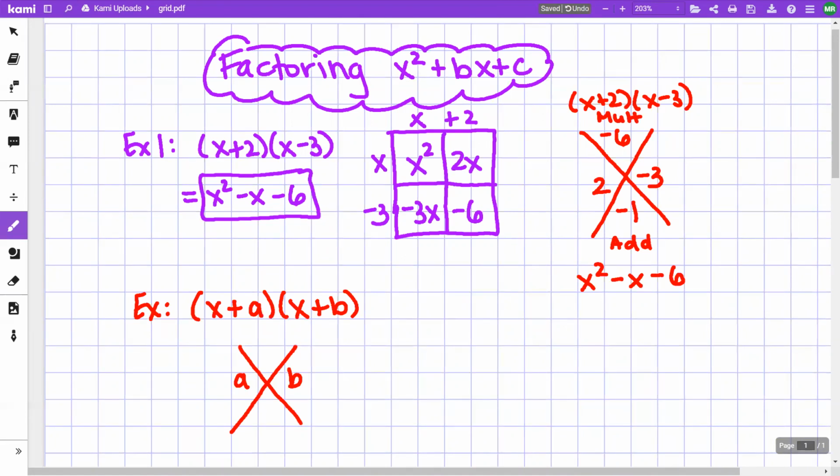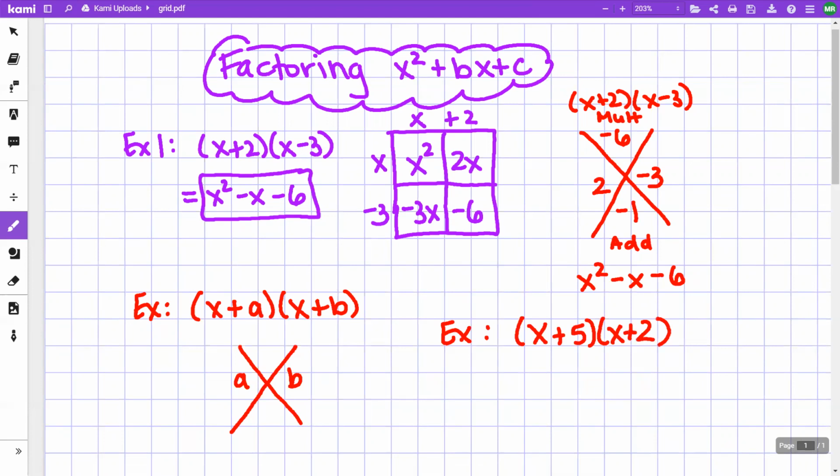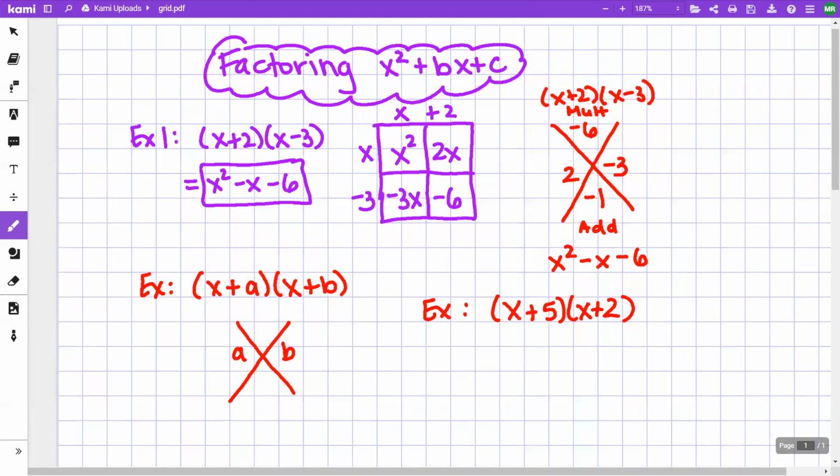Let's say I was going to do the following example. Let's say we take x plus 5 and x plus 2 and multiply that out. I could do a box, but I could put the 5 and the 2 on the side, and those multiply to a 10 and add to a 7.